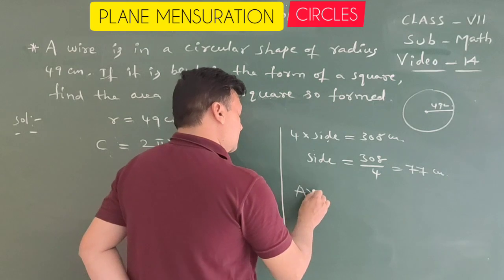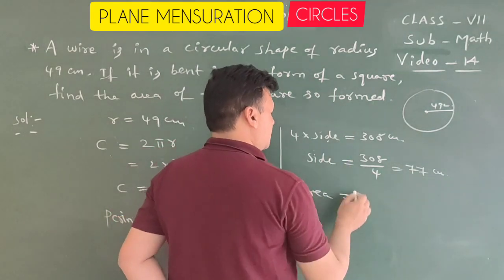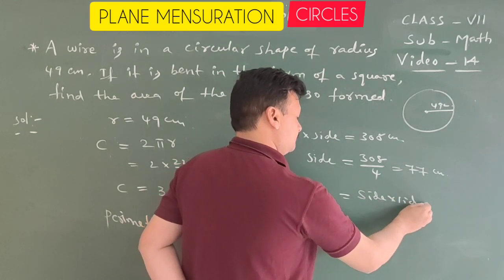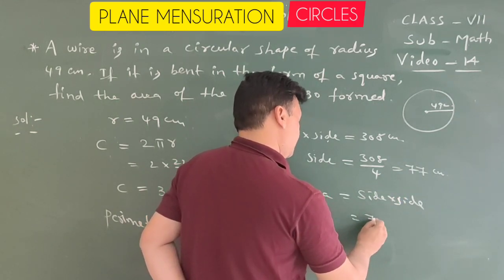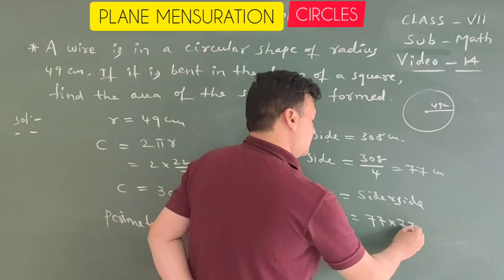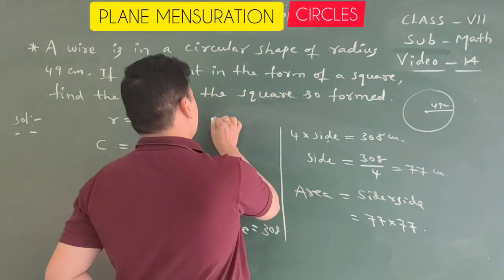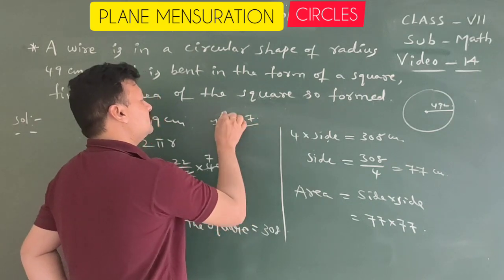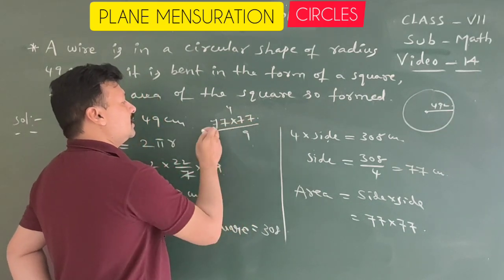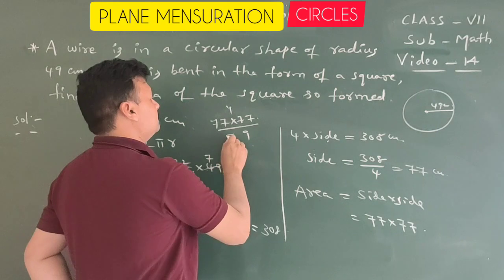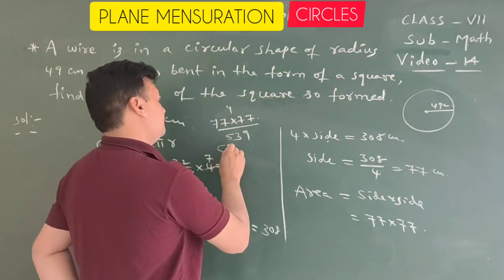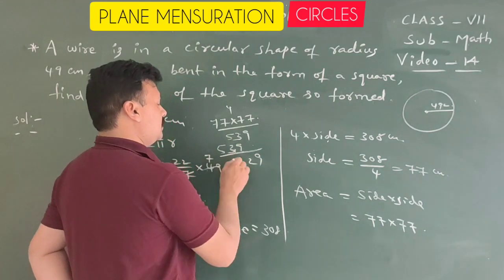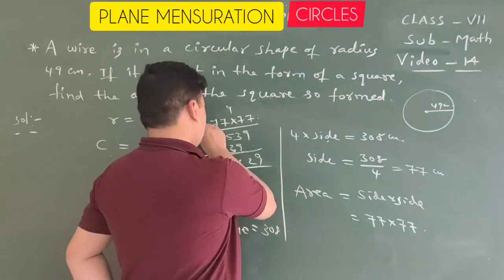Now area of a square equals side into side. 77 into 77. 7 7s are 49, 49 plus 4, 53. The result is 5929.